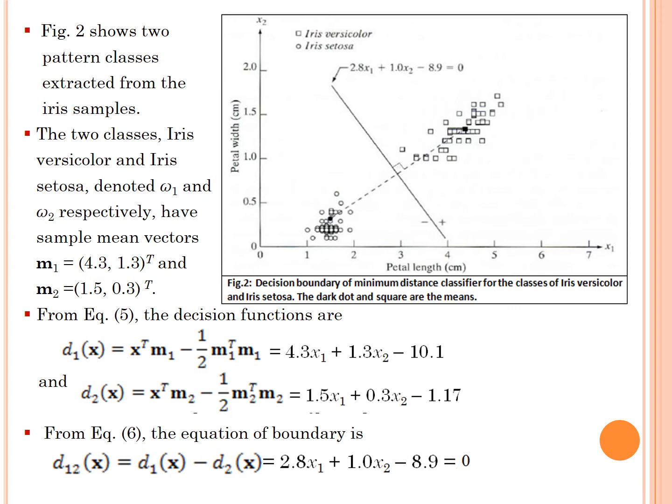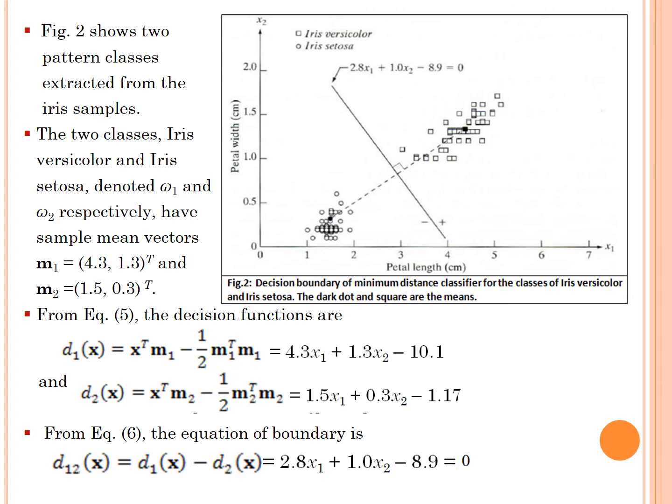From equation 5, the decision functions are d1(x) = x^T m1 - (1/2) m1^T m1 = 4.3x1 + 1.3x2 - 10.1, and d2(x) = x^T m2 - (1/2) m2^T m2 = 1.5x1 + 0.3x2 - 1.17.